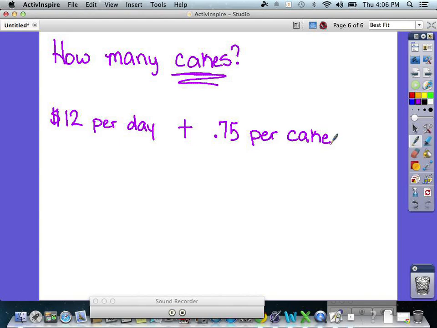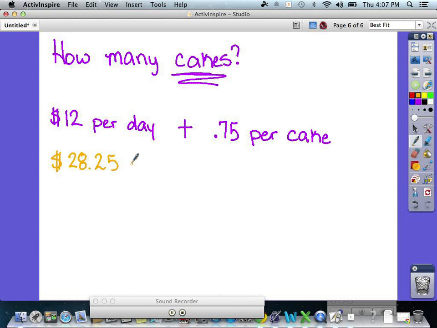And in this particular scenario, it gives us the amount that I've already made that day. So it says I made $28.25. Well, how do I come up with what I make every day? It's going to be based on my base daily rate plus the number of cakes I made times 75.